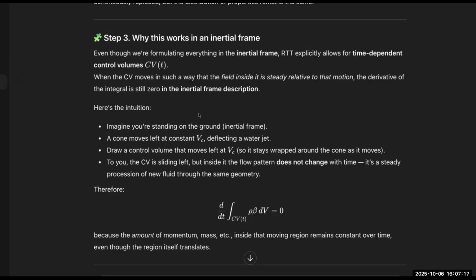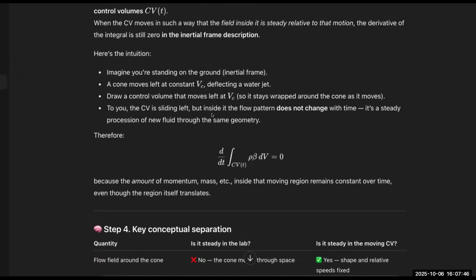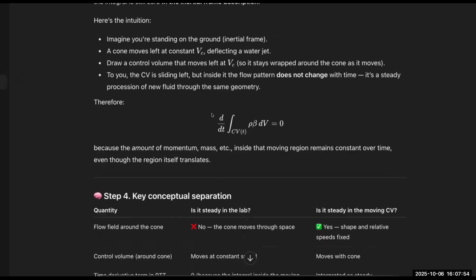So imagine you're standing on the ground, an inertial frame, but a cone moves left at constant velocity, deflecting a water jet. Draw a control volume that moves left at VC, so it's wrapped around the cone as it moves. Here the control volume is sliding left, but inside it, the flow pattern does not change with time. It's a steady persistence of new fluid through the same geometry. So therefore, it equals zero because the amount of momentum, mass, etc. inside the moving region remains constant over time, even though the region itself translates.